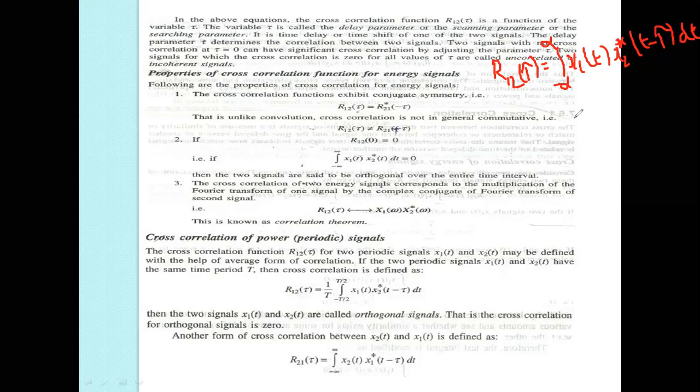Now, interchange the values of x2 and x1. R21 of tau is equal to the integral from minus infinity to infinity of x2 of t and x1 of t minus tau dt, as a conjugate.